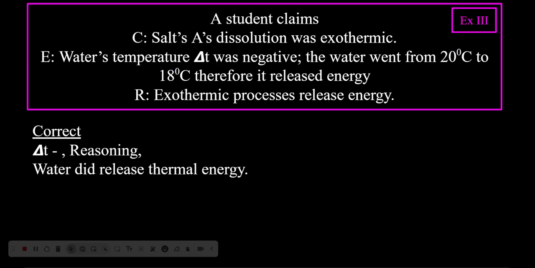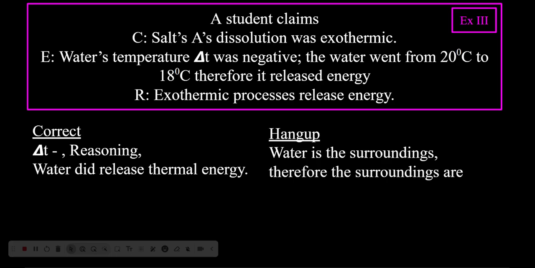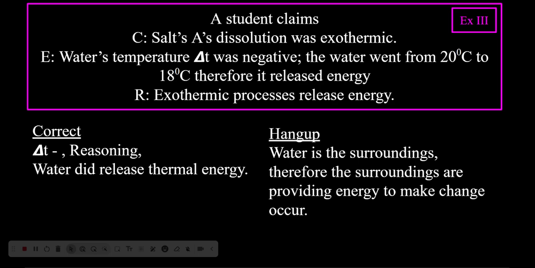But you need to look at it more in terms of the overall process. Since this water is the surroundings, it's the surroundings that are releasing this energy, and the dissolution process is absorbing it. Therefore, the change would be endothermic, because in order to dissolve, you need to add energy, which comes from the surroundings and from the actual salt itself, because everything's temperature goes down.